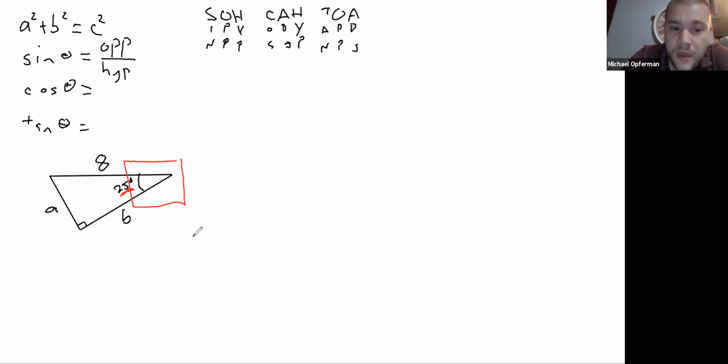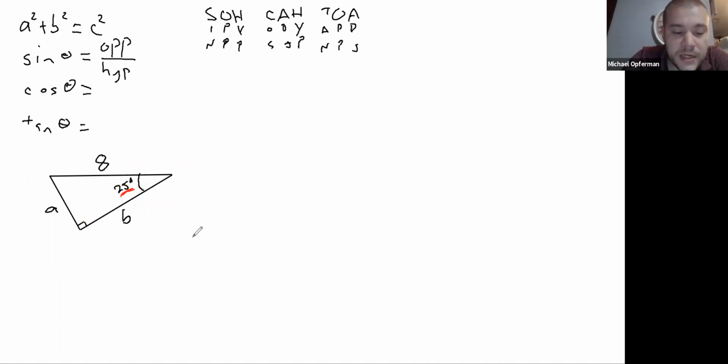One side of the triangle is going to be on the opposite side from that 25-degree angle. So that's the opposite side. One side is going to be a part of that 25-degree angle. So that's going to be the adjacent side. And one side is always going to be opposite of the right angle, which is your hypotenuse. So that's the meaning of those 3 things.